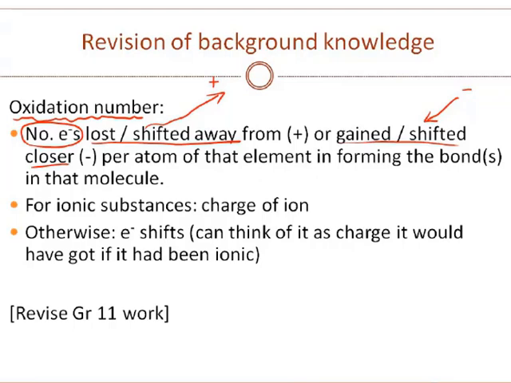Now for an ionic substance this is very easy because it simply is the charge of the ion. But if it's a covalent bond and we're looking at the two atoms involved in the covalent bond, for each of the atoms we look at, are electrons shifted towards that atom because it has a higher electronegativity than the other one it's bonded to, or are electrons shifted away because the other one has a higher electronegativity.